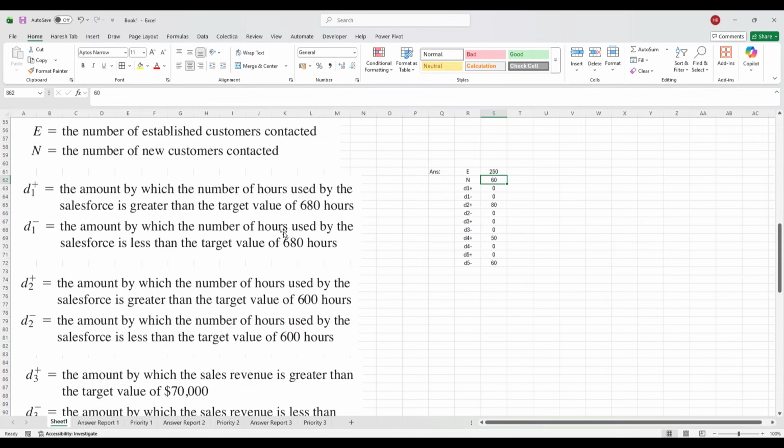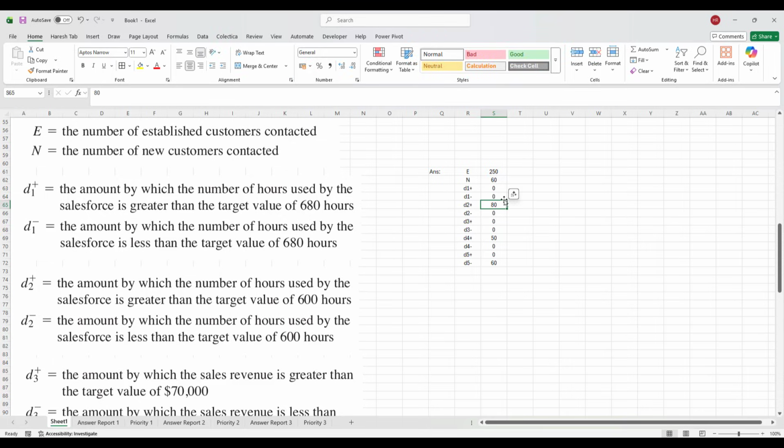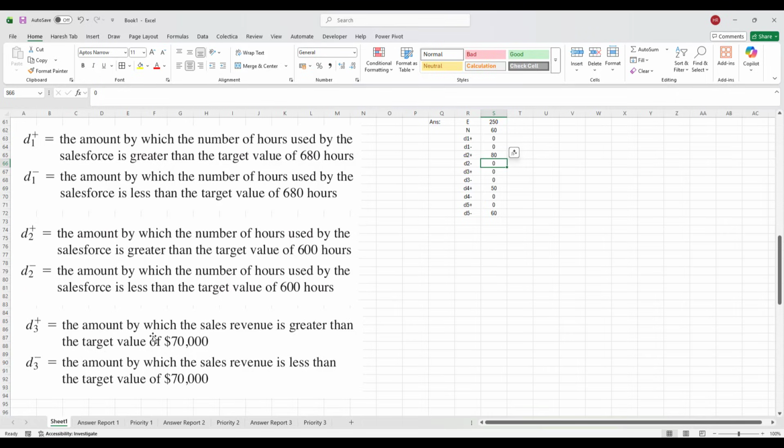The amount of hours used by Salesforce will be 680 only, because it is neither increasing nor decreasing. Whereas the amount by which the number of hours used by the Salesforce is greater than the target of 600. So obviously, because it is 680, it will be greater than 600 by 80, and it will not be less than 600.